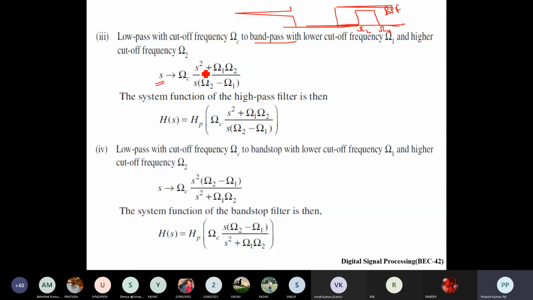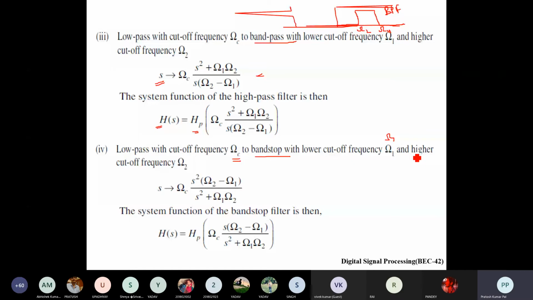So after replacement, this will be our band pass filter. Similarly, a low pass filter is given with cutoff frequency omega c, and we need to find a band stop filter with lower cutoff frequency omega L, that is omega 1 again, and higher cutoff frequency omega 2. What is a band stop filter?